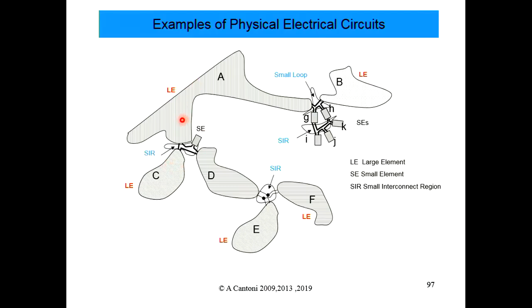Okay, putting in context a bit, here is a graphical representation of what I've just said. You may have large elements that span a large distance for the frequencies of interest. But as long as the ports of those large elements are small, and any interconnections are close together, so we have small interconnect regions, we can apply circuit theory.